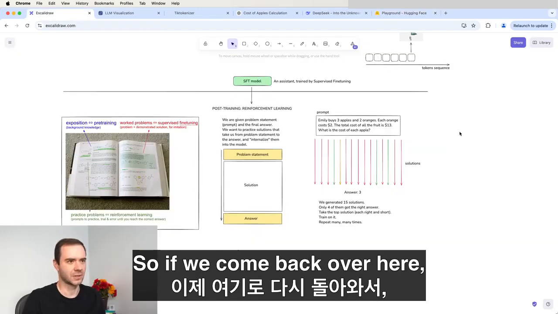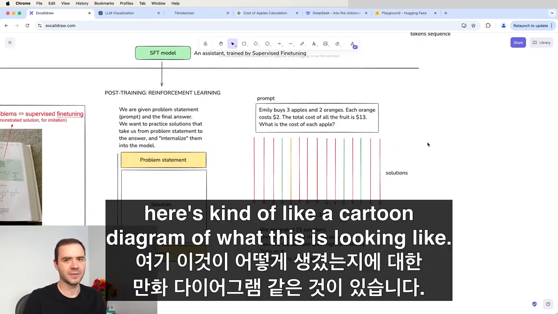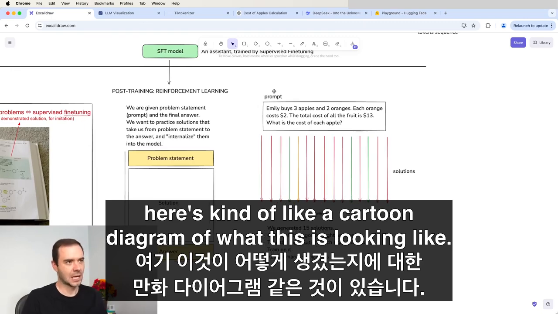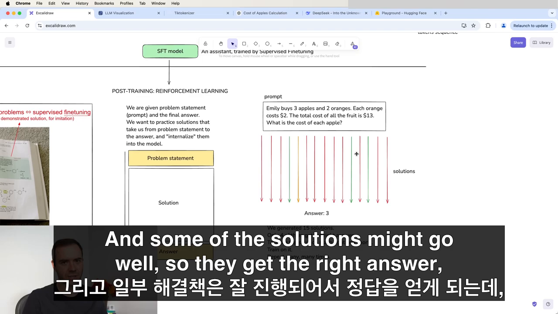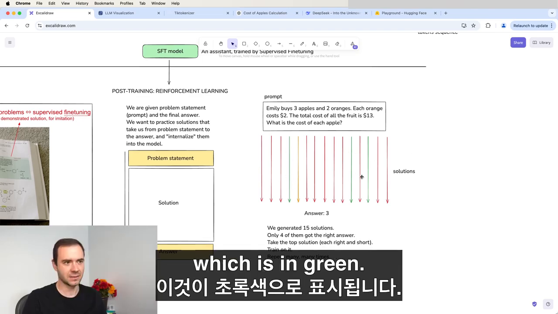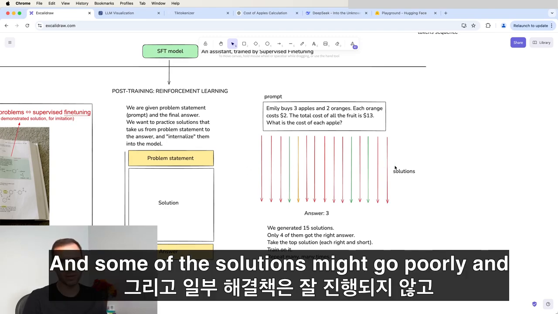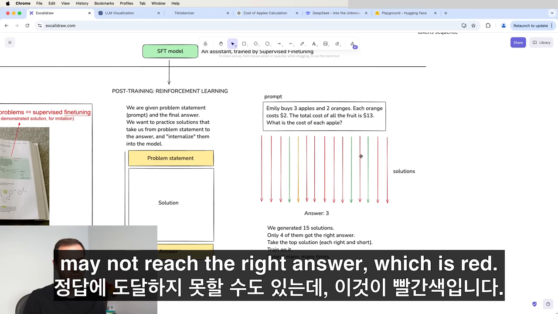If we come back over here, here's a cartoon diagram of what this looks like. We have a prompt, and then we tried many different solutions in parallel. Some of the solutions might go well, so they get the right answer, which is in green. Some might go poorly and may not reach the right answer, which is red.